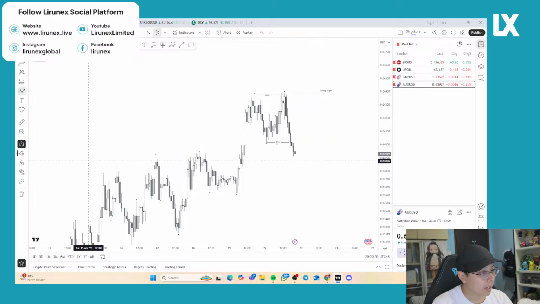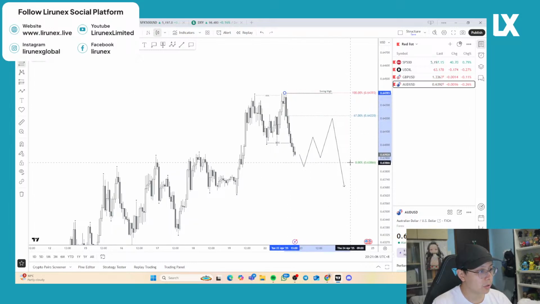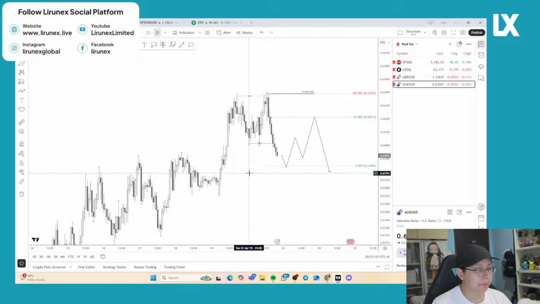So again, suppose this makes a move lower and then starts to do some sort of a pullback. You can then start to put in your Fibonacci from swing high to swing low. 67 is where you're going to look to enter. So pound dollar and Aussie dollar, these are the two things you can keep track of.